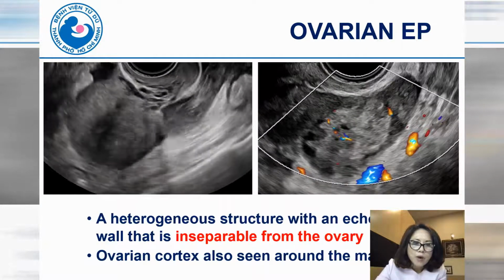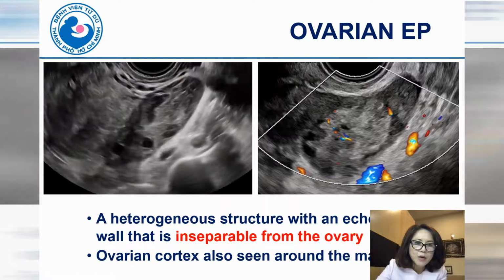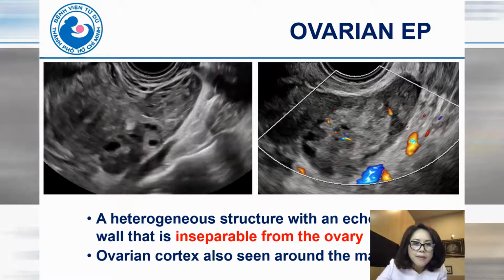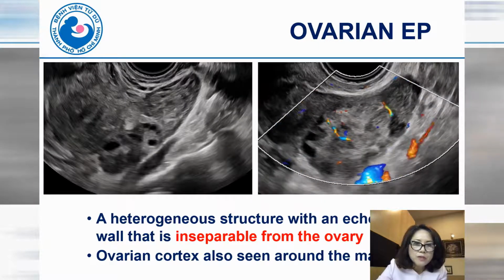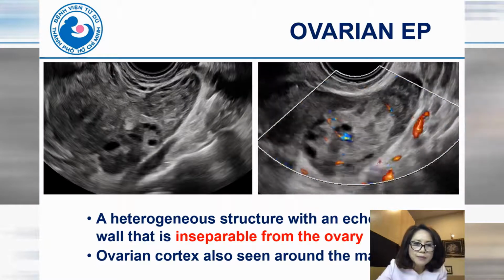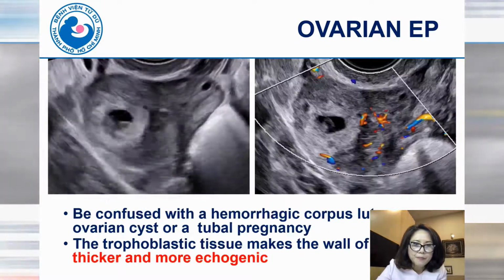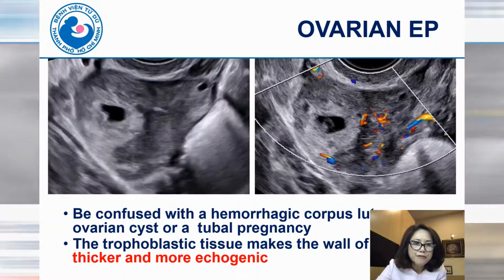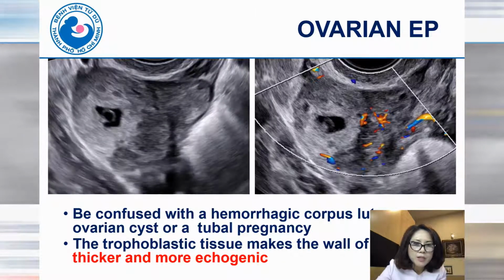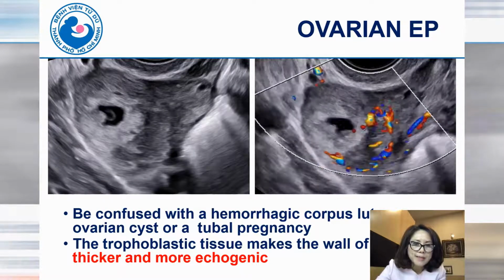On ultrasound, we can see a heterogeneous structure with an echogenic wall that is inseparable from the ovary, and we also see the ovarian cortex around the mass. Ovarian ectopic pregnancy can be confused with a hemorrhagic corpus luteum, ovarian cyst, or a tubal pregnancy.